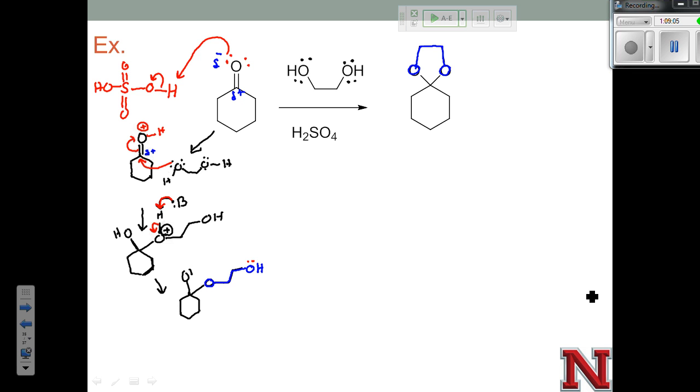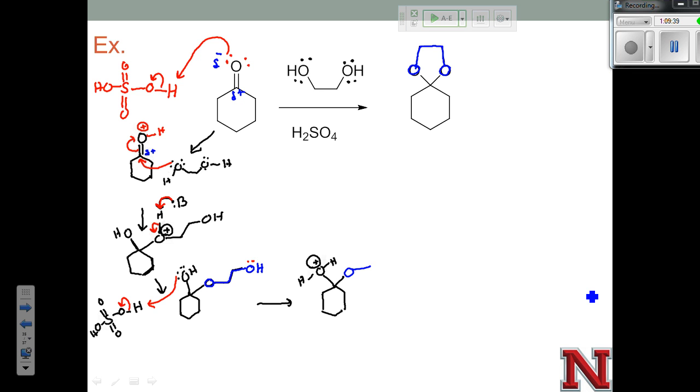So our next step is going to be another protonation. Again, we still have our H2SO4 floating around everywhere. So now we're going to have a good leaving group. I don't need to draw my lone pair that's left, but I do need to draw my formal charge.